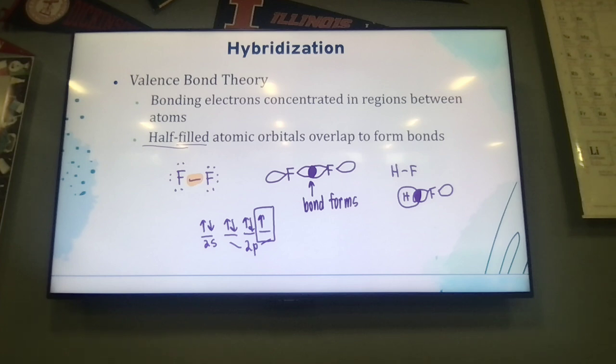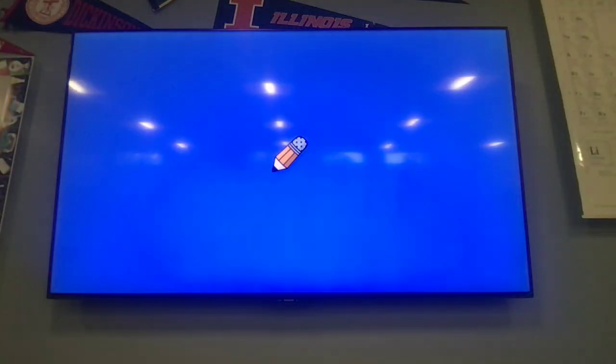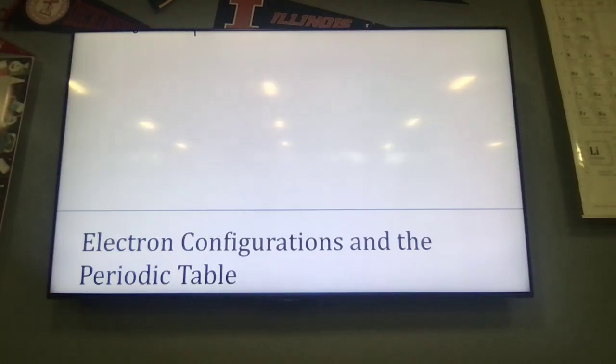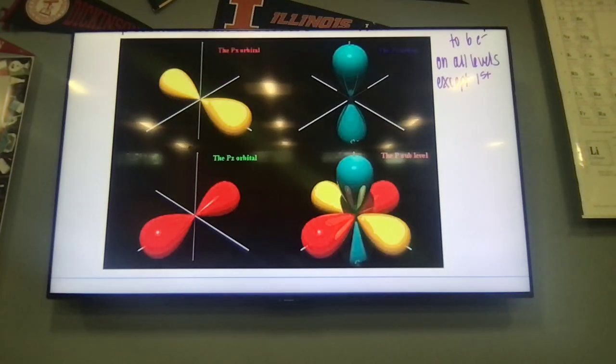Here's the problem. What angle is between all of the p orbitals? Remember how there's 3 sets? It's not 120. When we draw them, we always draw them up, down, left, right.